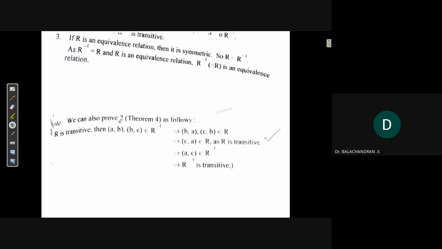But instead of proving it like this, you can prove it the other way also. How to prove by another method? If R is transitive, I want to prove R inverse is also transitive.